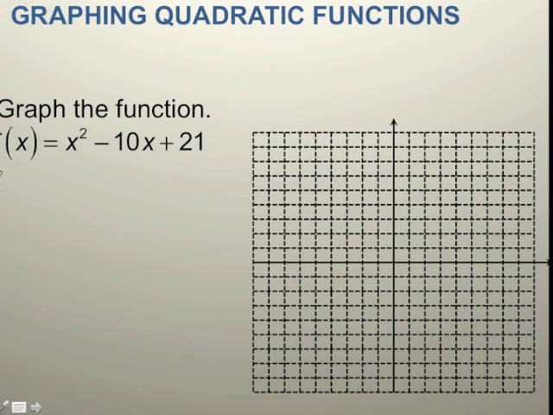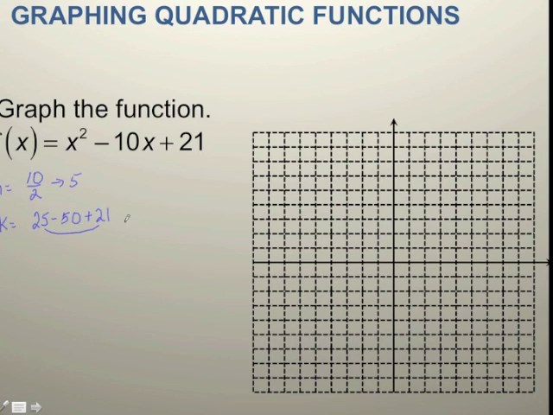In this one, the same technique: h equals negative b over 2a, the negative of negative 10 is 10 over 2 times 1, or 2, so h equals 5, and k equals f of 5. 5 squared is 25, minus 5 times negative 10 will be minus 50, plus 21.